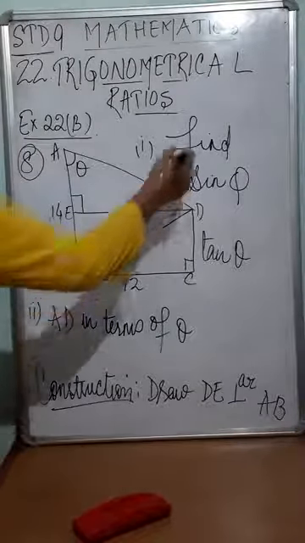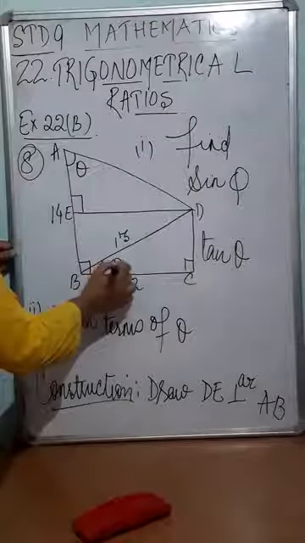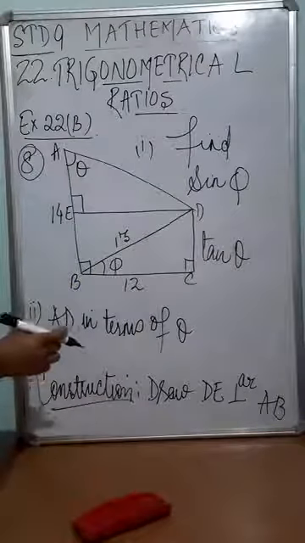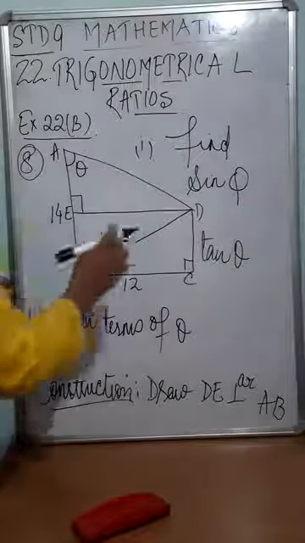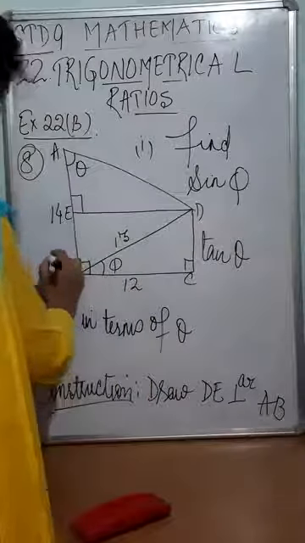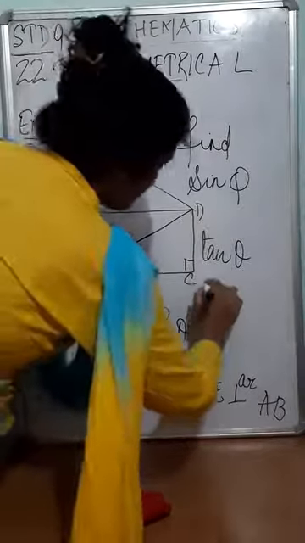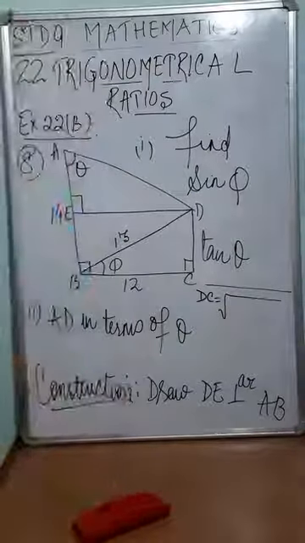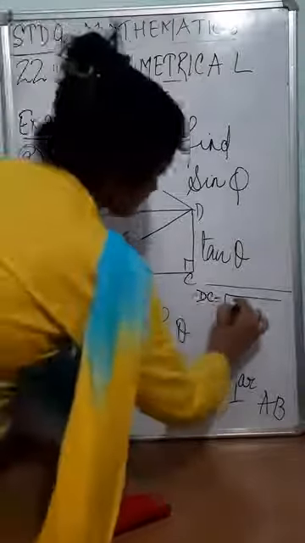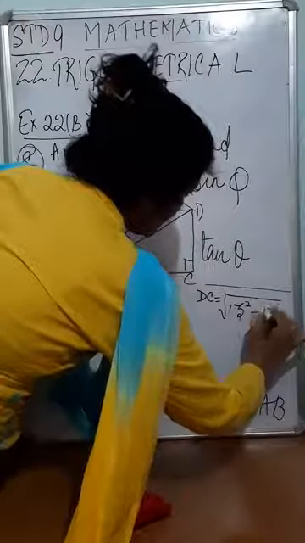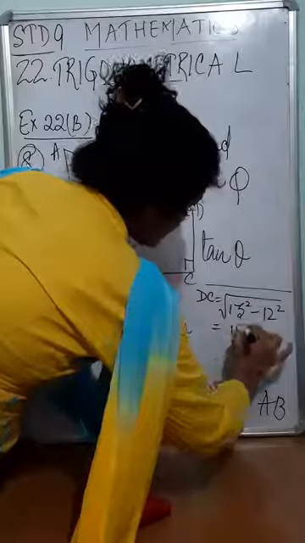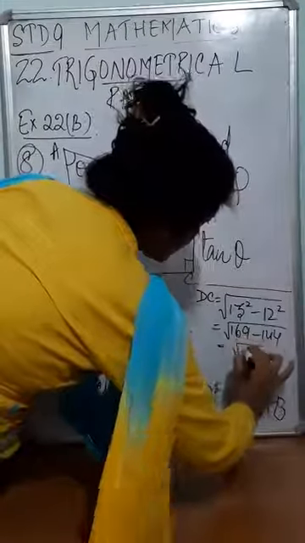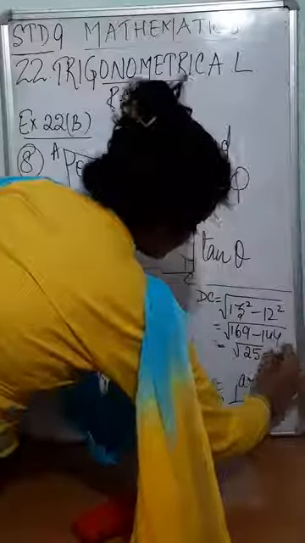First we have to find sine phi. To find sine phi, we have to know DC, which is not given, and that can be found using the Pythagoras theorem. DC will be square root of 13 square minus 12 square, which is equal to 169 minus 144, which is root 25 or 5.